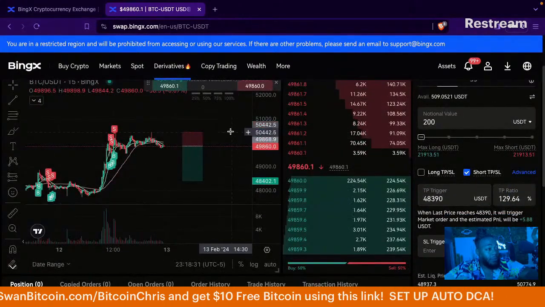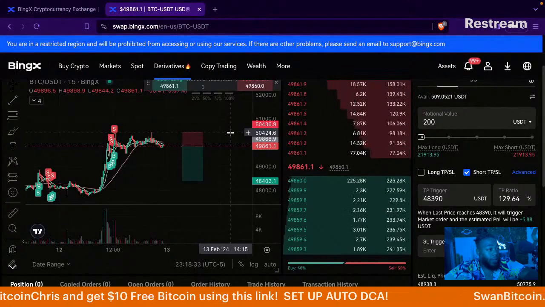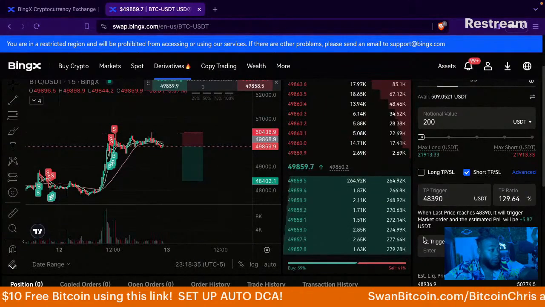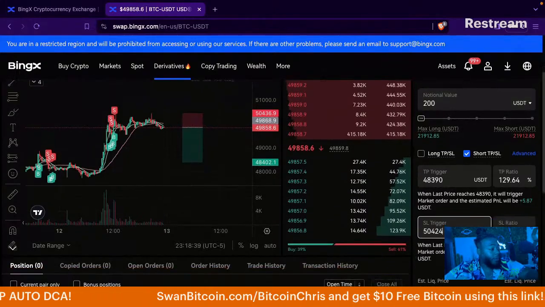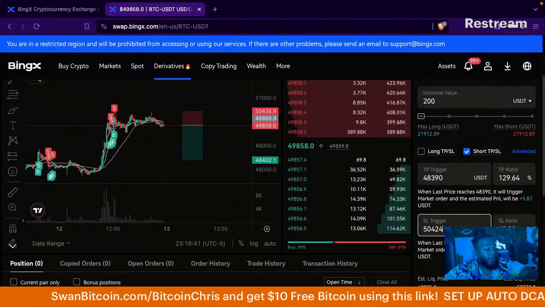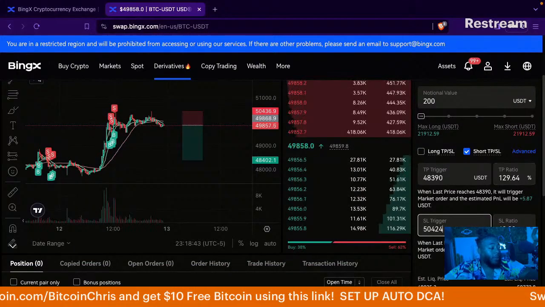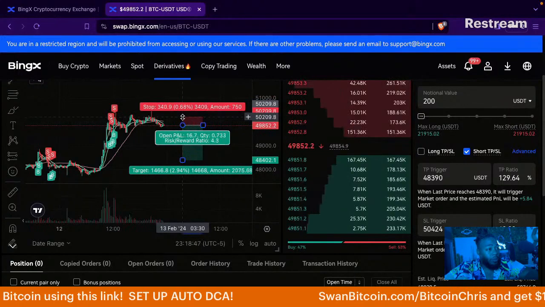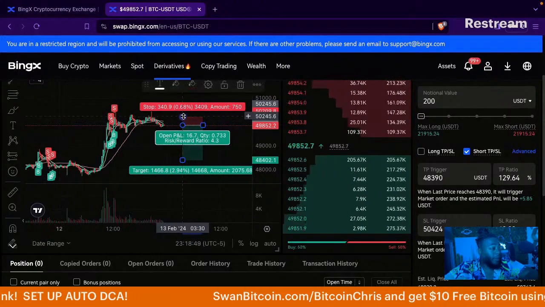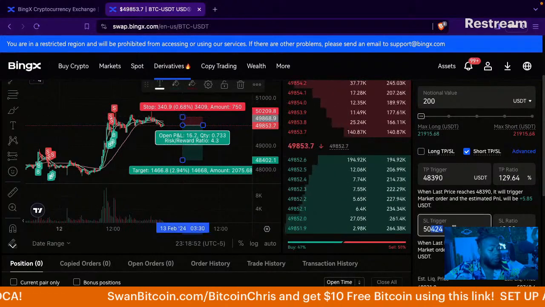Stop loss above the highs, 50,424. So you would lose half the money to make 100%, which is not the best risk to reward ratio. I would bring it down some more, 50,200, maybe a little bit less.